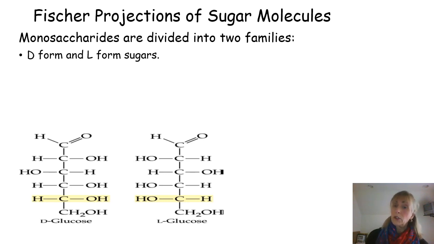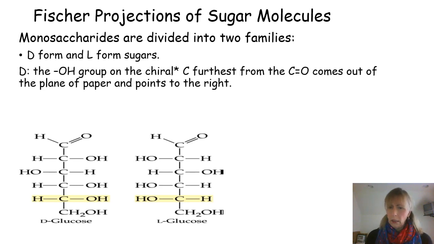There are 2 forms of glucose, D-glucose and L-glucose. There are 2 forms of every single sugar. The D form is typically the one that we find in nature.